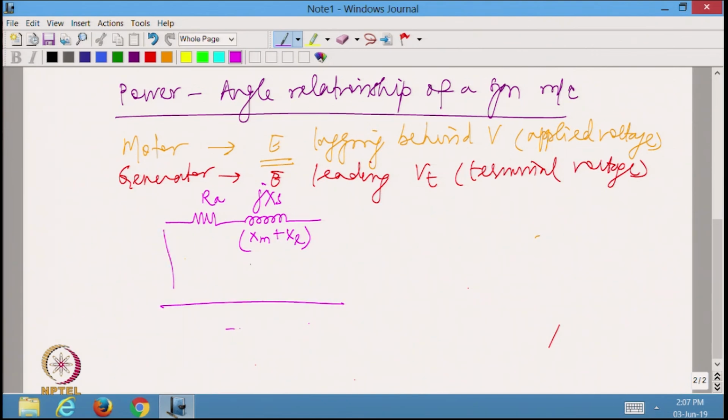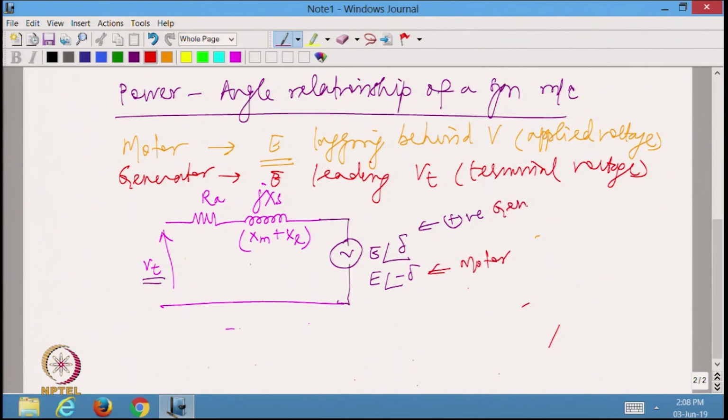On one side I have the terminal voltage that appears if it is a generator, or the terminal voltage that I apply if it is a motor, and on this side the induced EMF, which is E angle delta for a generator, where delta will be positive. For a motor it is E angle minus delta. So, this is for generator, whereas this is for motor.